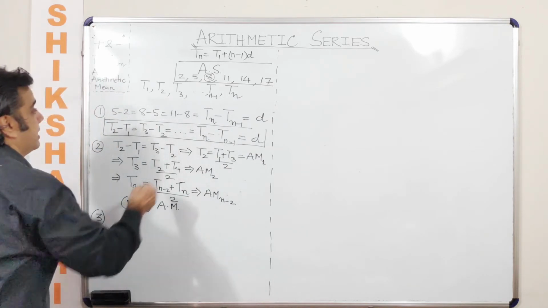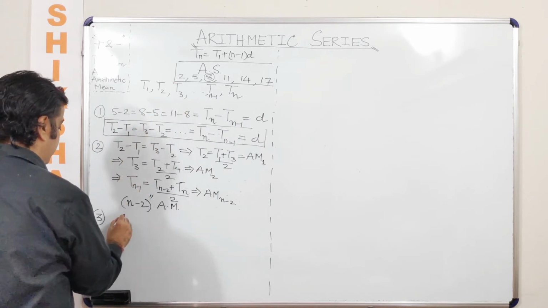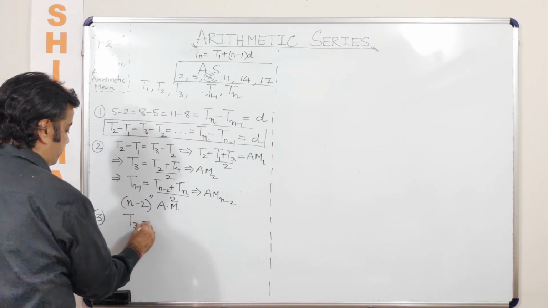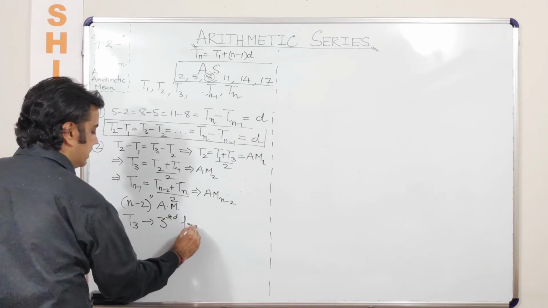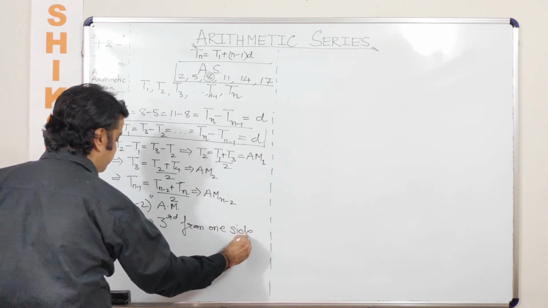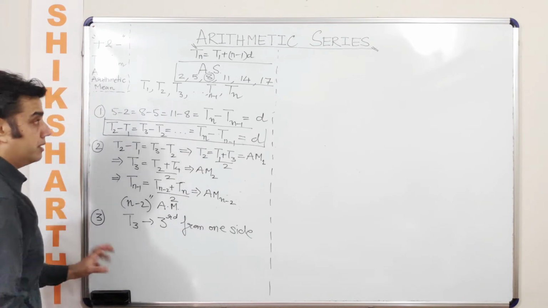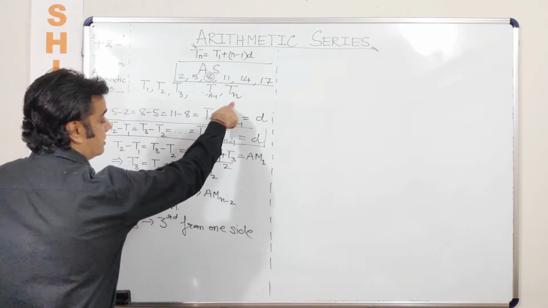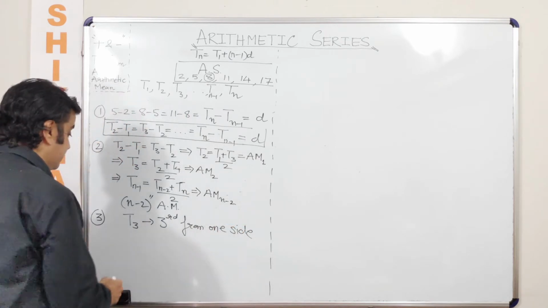Meaning thereby, let us say that there is a particular term, let's say T3. This is third from one side. Now this one side could be the left hand side or the right hand side. And I know that the total number of terms are, let's say, n terms.